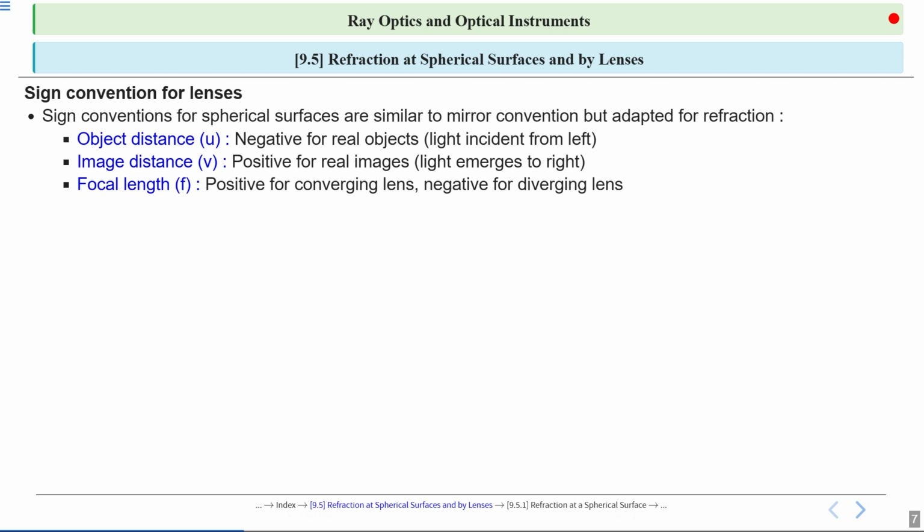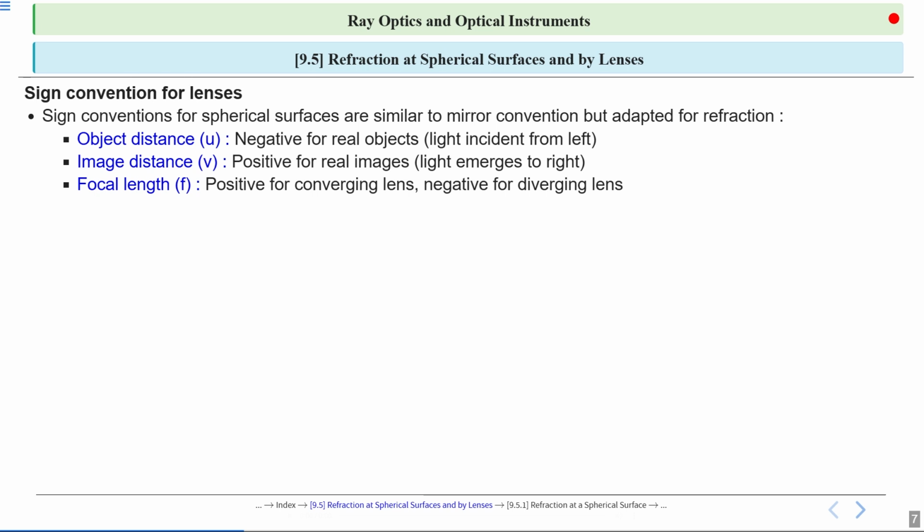But here, focal length is positive for a converging lens. If light rays after refraction through the spherical surface converge at one point, then the focal length for that spherical surface will be positive.